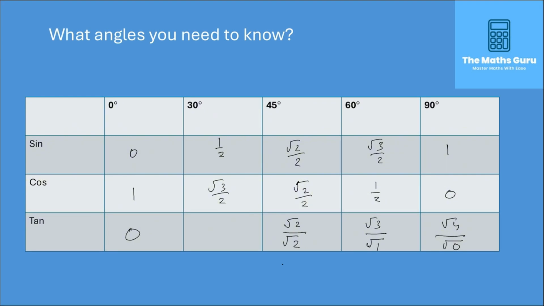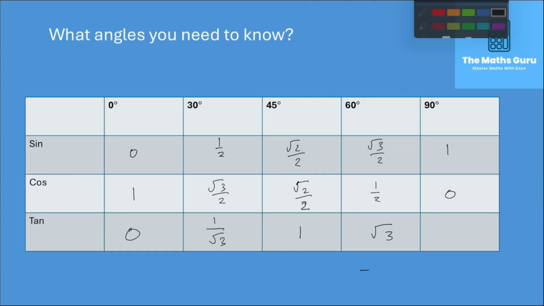Looking at the next one, we have root 2 over root 2, and when you have the same number over the same number, it equals 1. Root 3 over root 1 simplifies to root 3 over 1, and anything divided by 1 gives us the numerator, so root 3 is our tan 60. Similarly here, we have 2 over 0, which is going to be equal to 0. So tan 90 is going to be equal to 0.